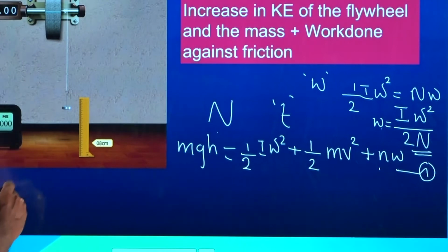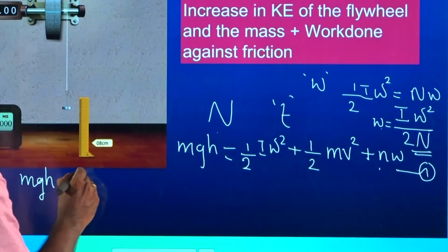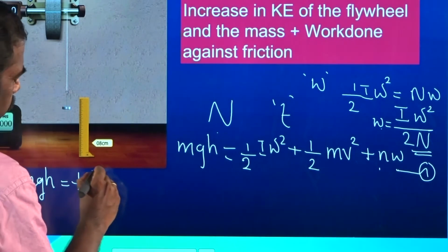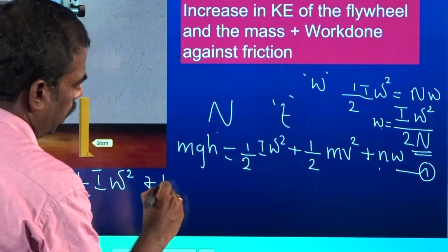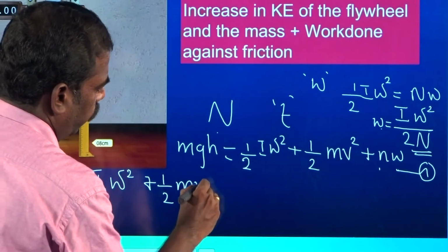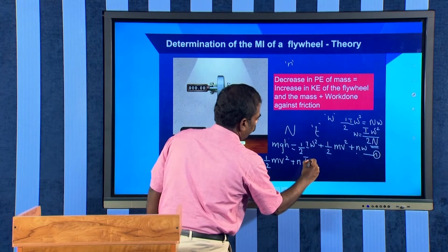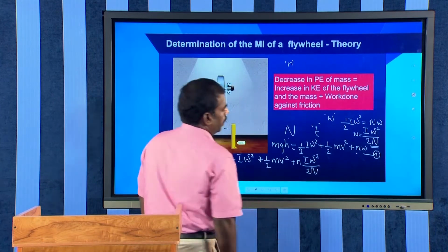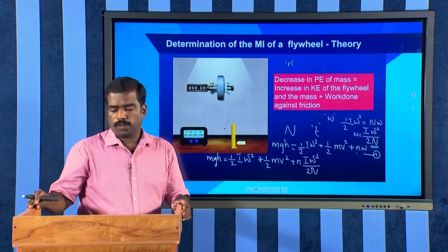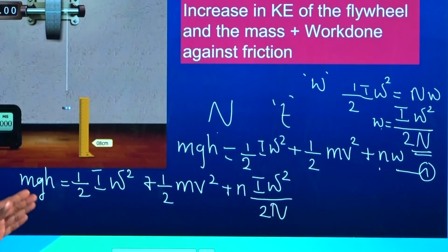So it is mgh equal to half I omega square plus half m v square plus n into I omega square by 2N. So you can take 2 as LCM.